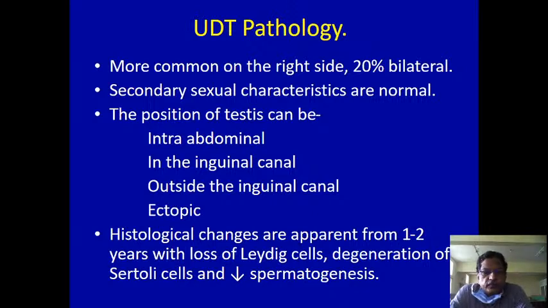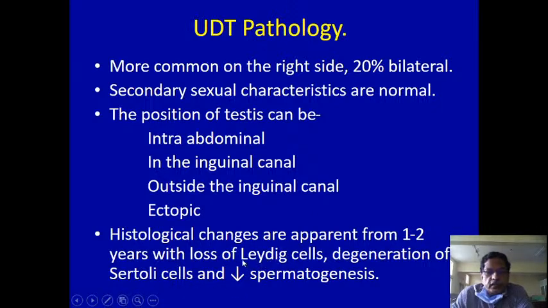And histologically, the changes are much earlier. Within 1 to 2 years of postnatal life, there will be changes in the undescended testes microscopically. What are these changes? These changes are loss of the Leydig cells and degeneration of the Sertoli cells, and also decreased spermatogenesis. So the Leydig cells and Sertoli cells are the supporting cells.